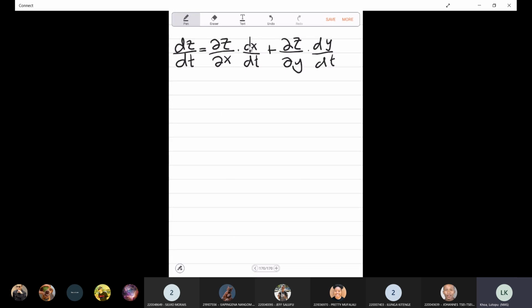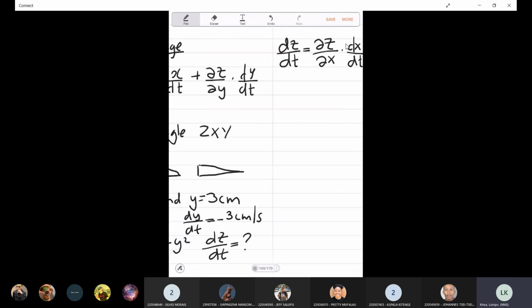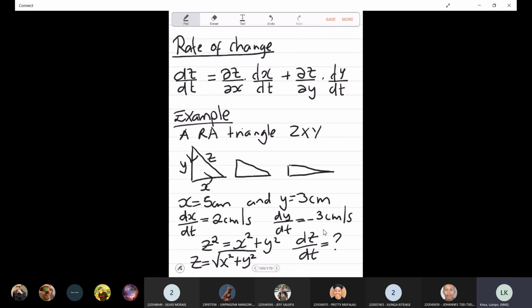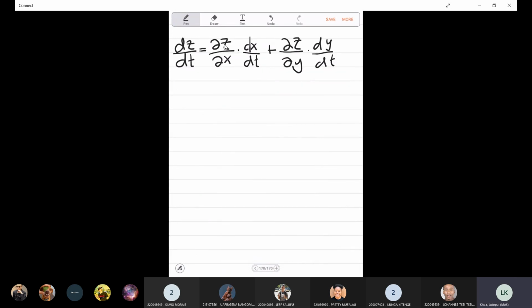Okay, now because we're looking for the rate of change of z with respect to t, this dx dt and dy dt are just numbers, so we'll just substitute those numbers which we have over here, 2 and minus 3. Okay, so we know what z is. We can work out the derivative of z with respect to x.